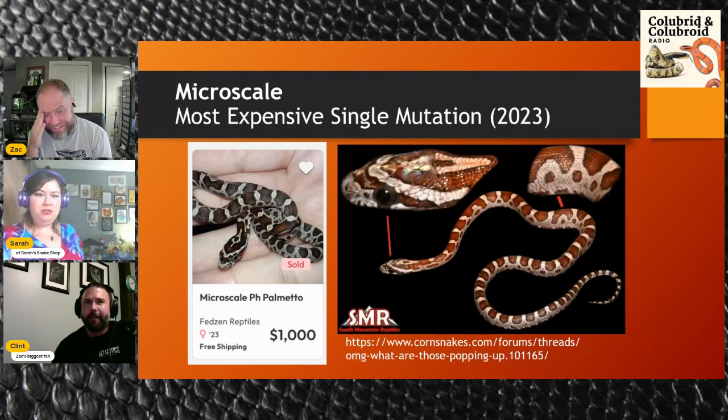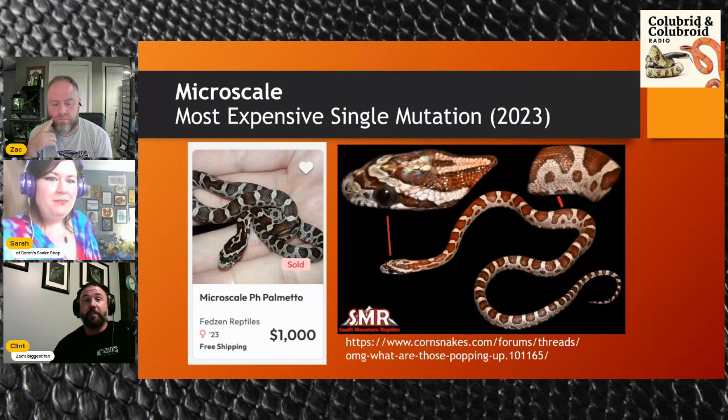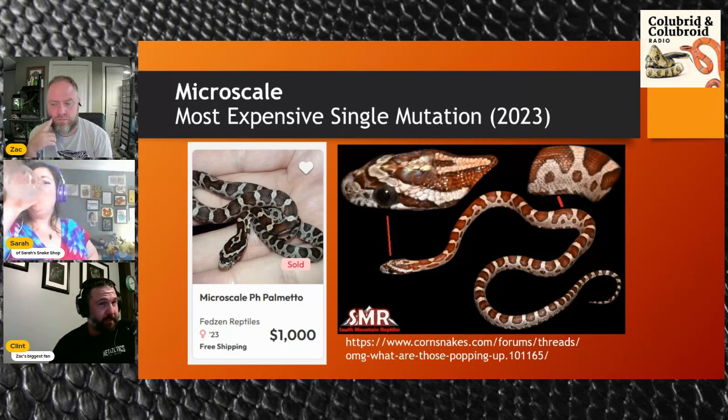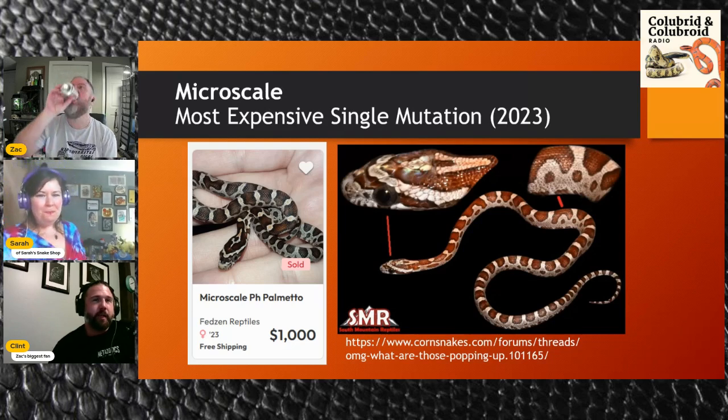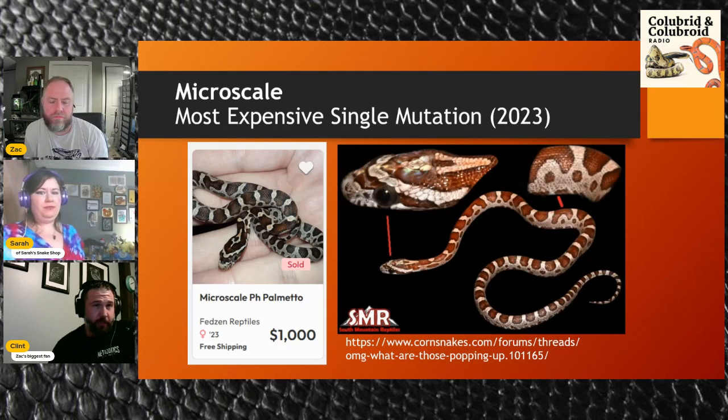So I have a couple questions. Sure. My questions on this are, and I don't want to put this morph down. I'm not that guy, but this is me wanting to understand more of the appeal of it. Because what I'm looking at, the picture that we have here of the one that's sold, that's a normal microscale. Yeah, just a normal one. Yep.